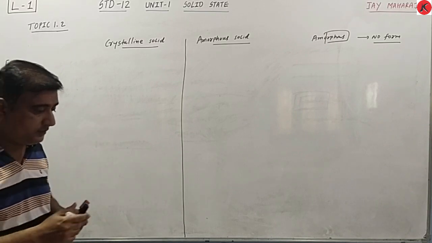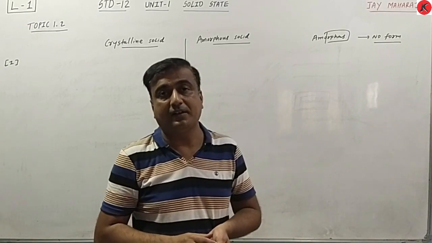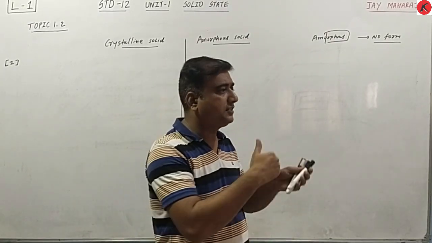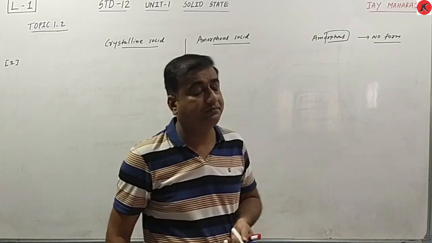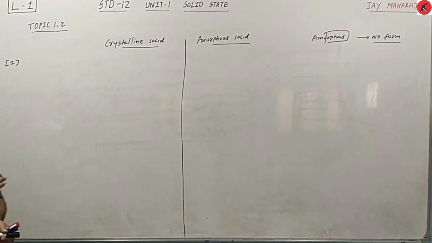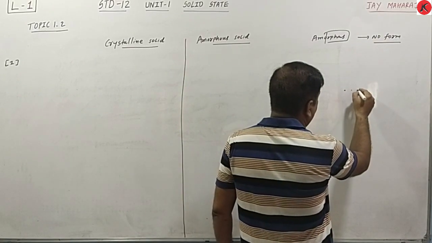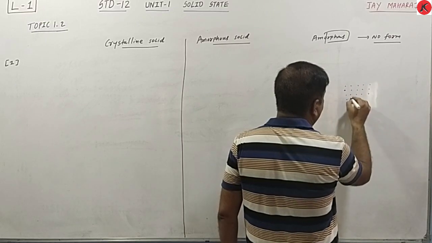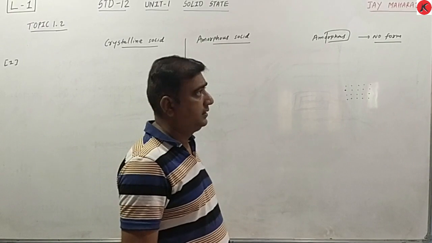In crystalline solid, the constituent particles have a fixed pattern, that means repetition of the constituent particles. Suppose like this type of arrangement, that means the same arrangement will be repeated.